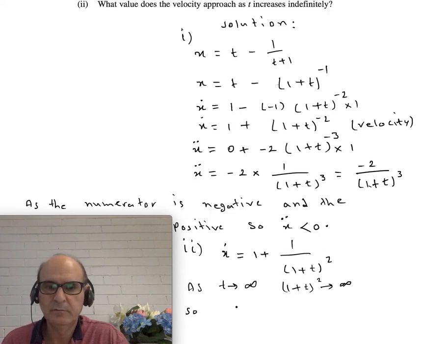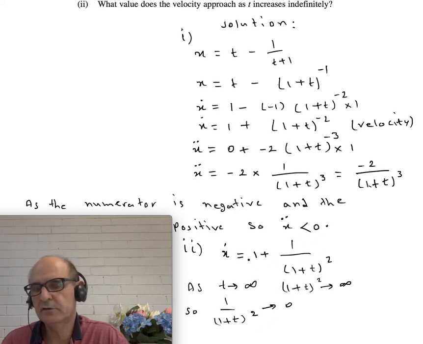So 1 on (1 plus t) squared approaches 0. And if this approaches 0, then x dot just will have 1 left for that. So x dot will approach 1. So as the time goes to infinity, velocity approaches 1.